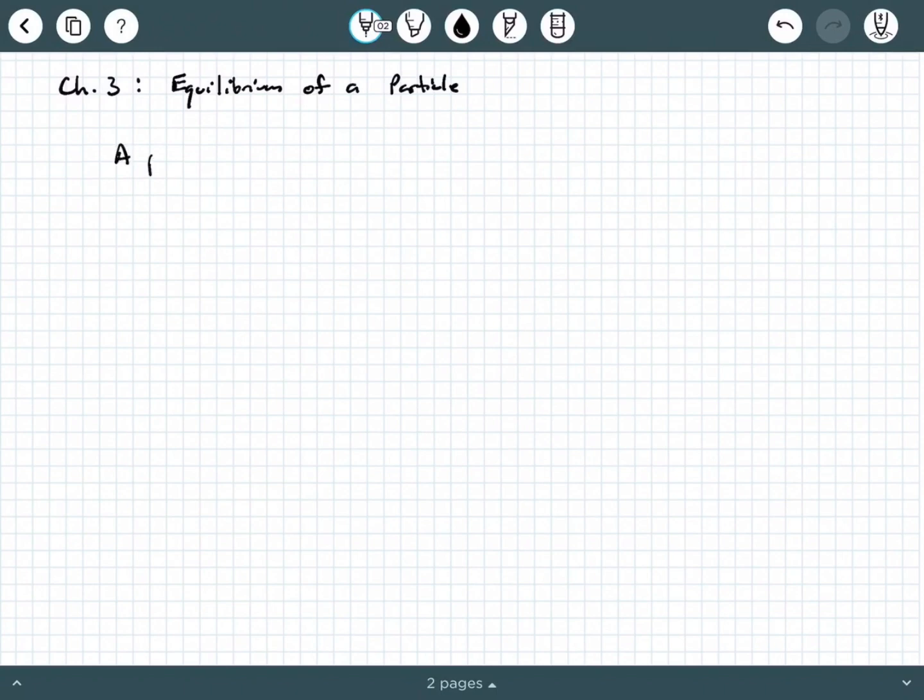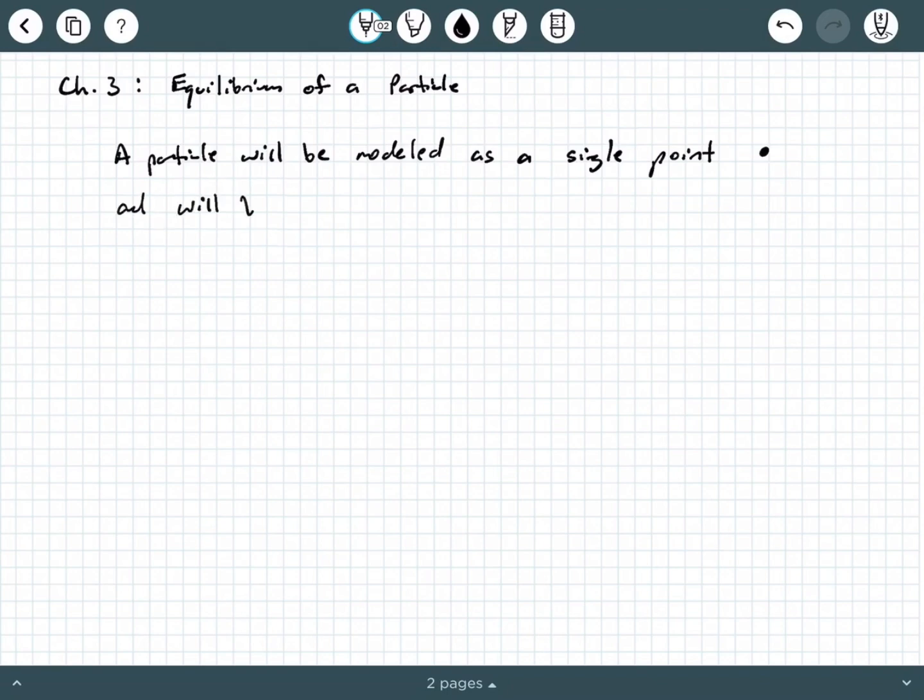So in this case, a particle will be modeled as a single point. So it'll look something like this, like a dot, okay? And it will be at rest. So when we say equilibrium, we generally mean at rest.